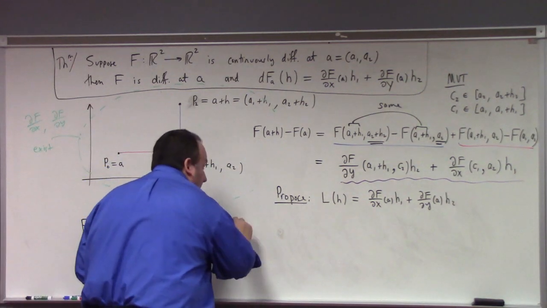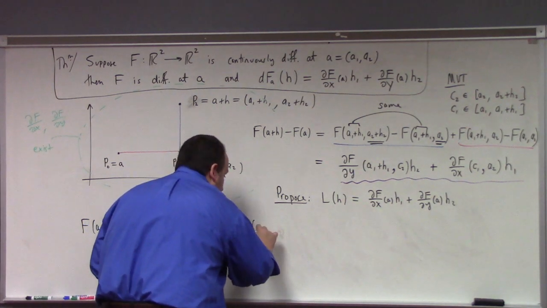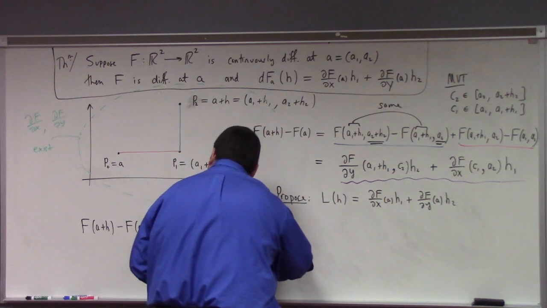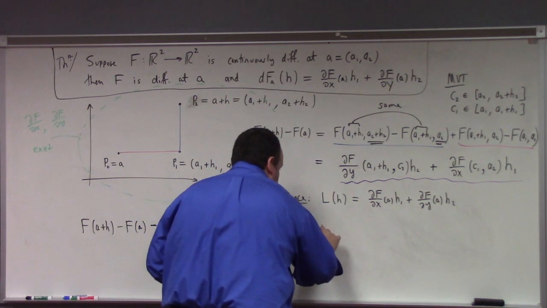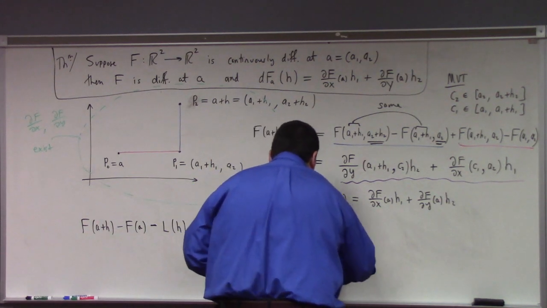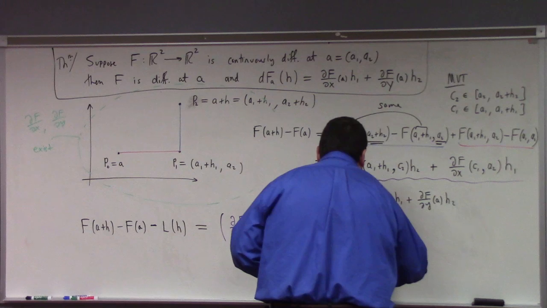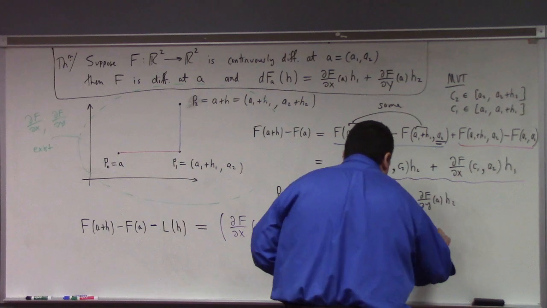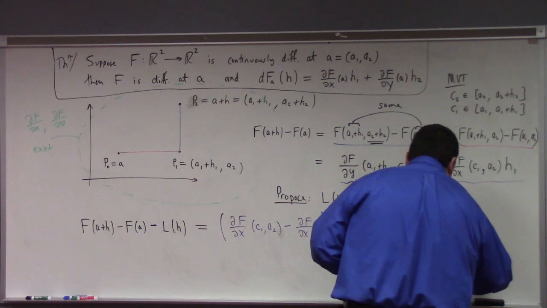In particular, we have partial f, partial x at c1, a2 minus partial f, partial x at a, all times h1. And then plus partial f, partial y at a1 plus h1, c2 minus partial f, partial y at a, all times h2.